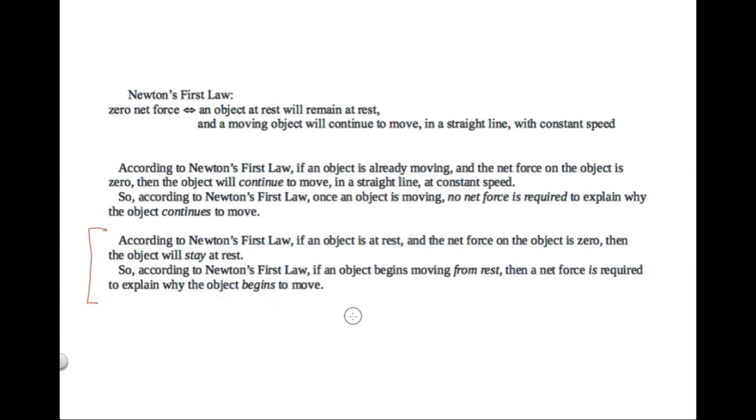Now, many physics problems do involve an object that begins moving from rest. So for those problems, remember that if an object begins moving from rest, then a net force is required to explain why that object began to move.